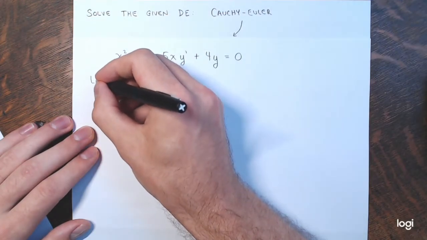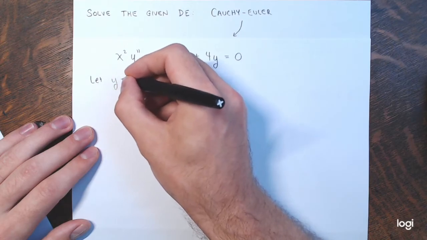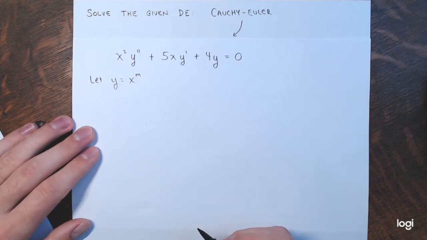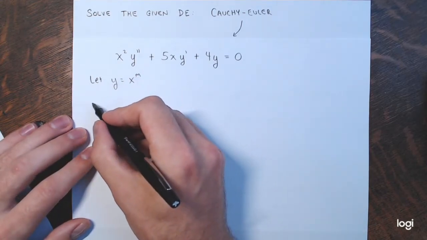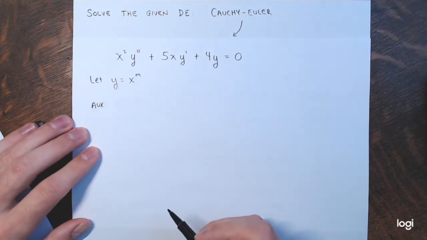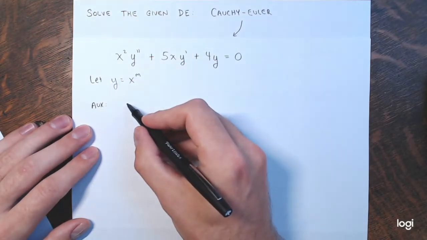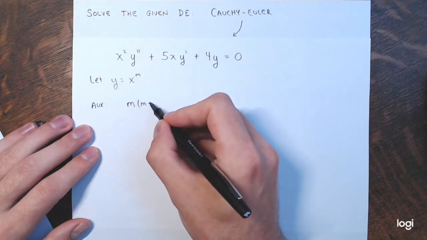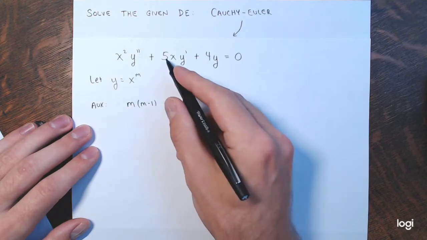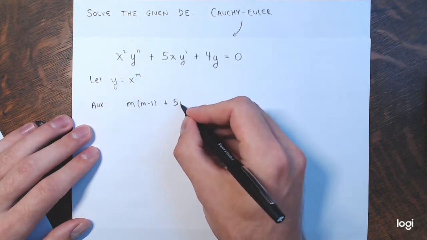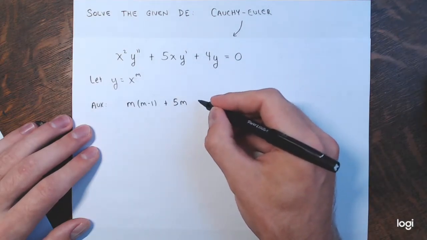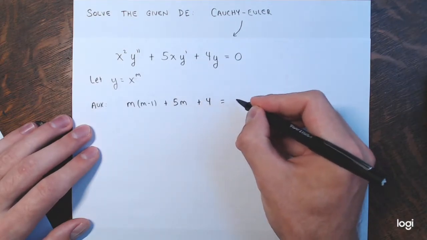So if I recognize, hey, this is a linear, homogeneous Cauchy-Euler equation, that first method would be to let y equal some power of x, x to the mth. And then going through the same procedure as before, my auxiliary equation would be m times m minus 1 in the second derivative area, plus 5m in the first derivative area, plus 4 equals 0.